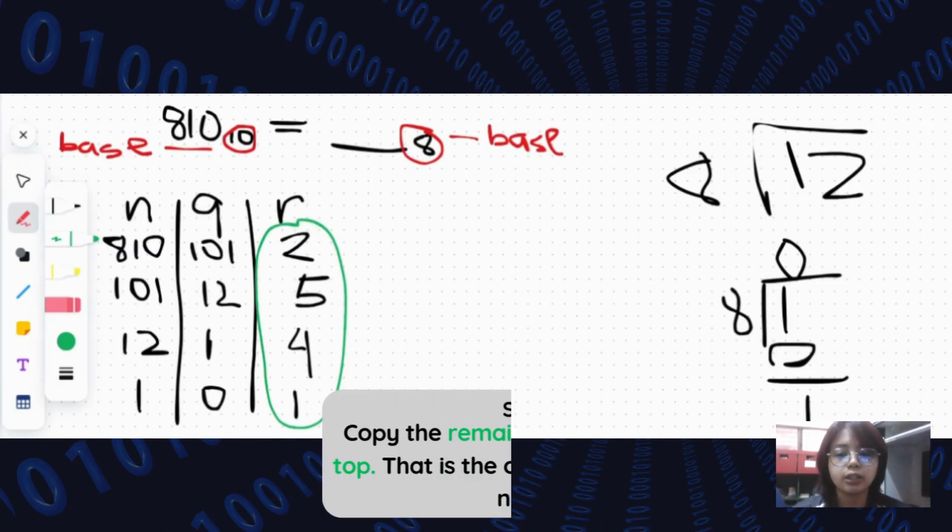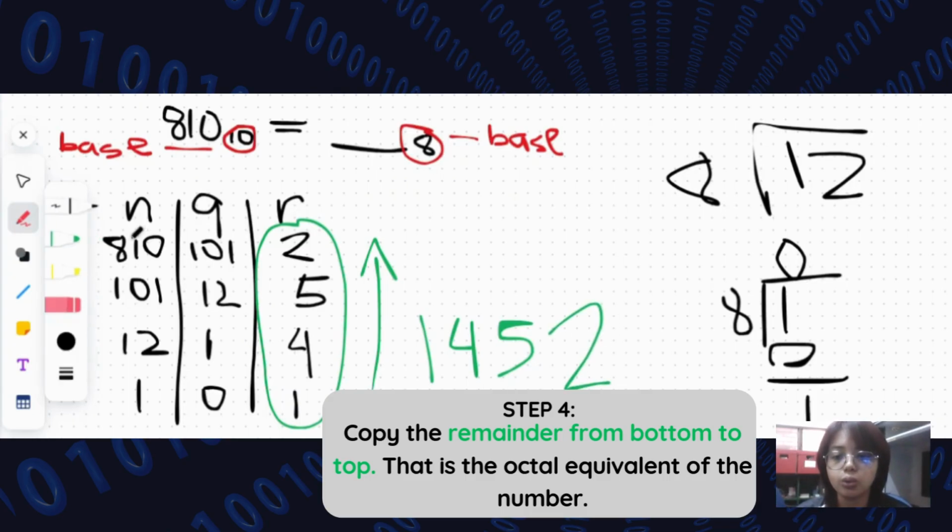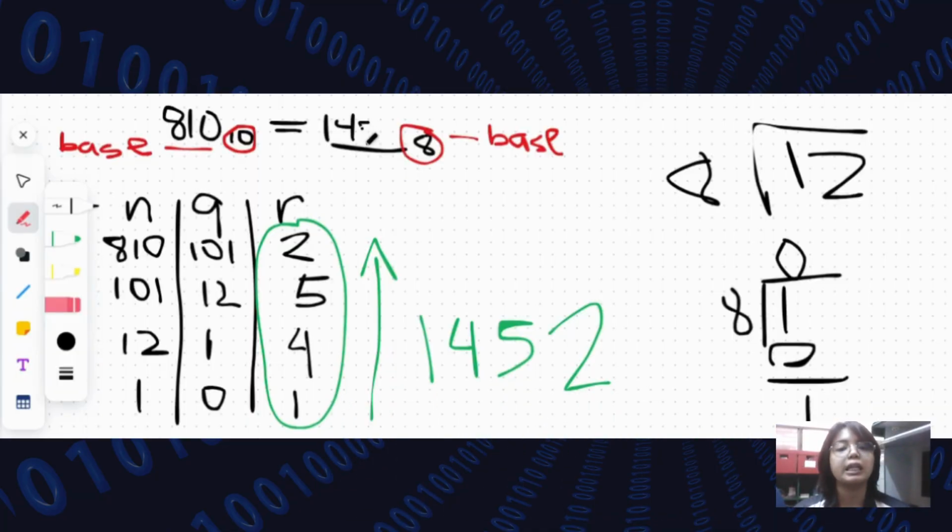For our next step, look at the remainders and copy them from bottom to top. So we have here 1, 4, 5, 2. And that would be our answer. So 810 decimal is equivalent to 1452 octal.